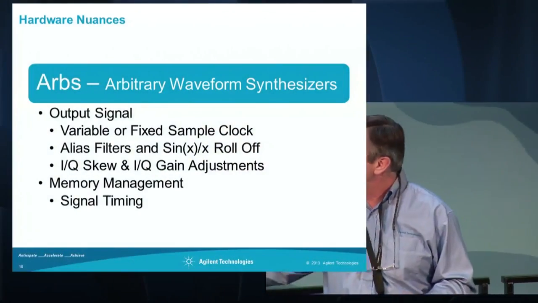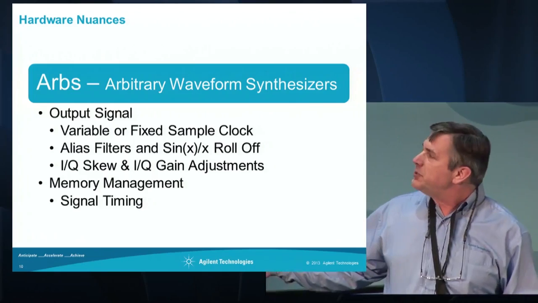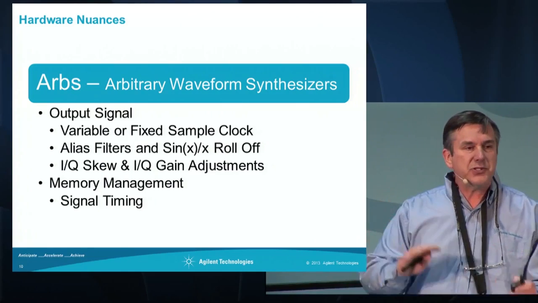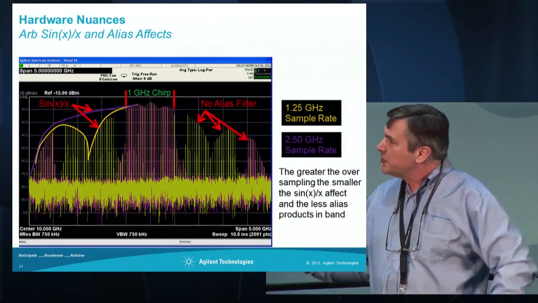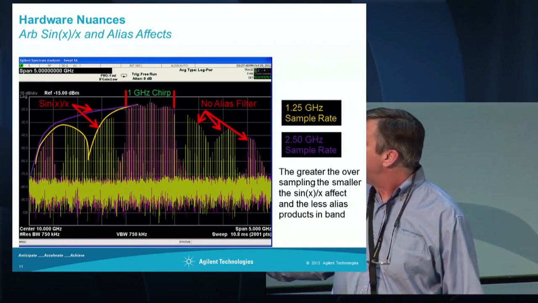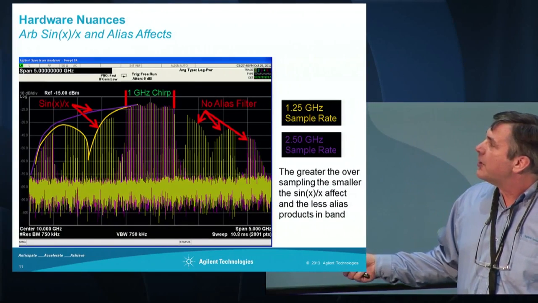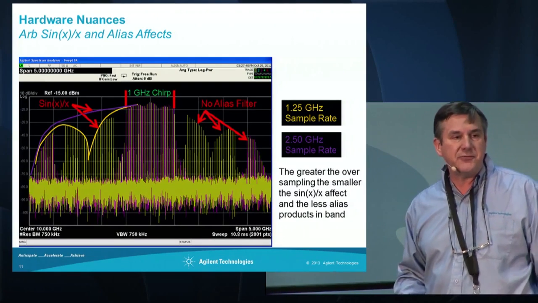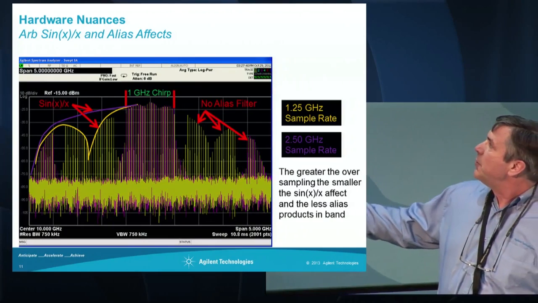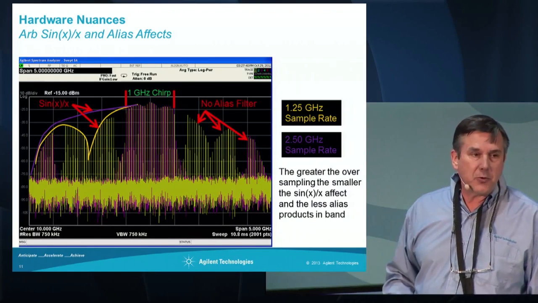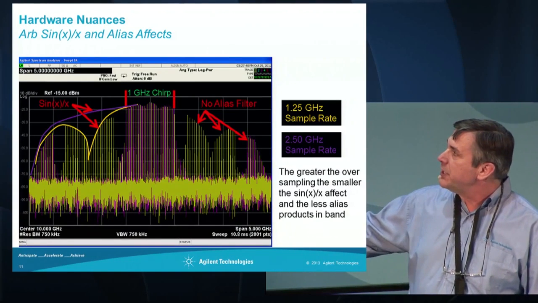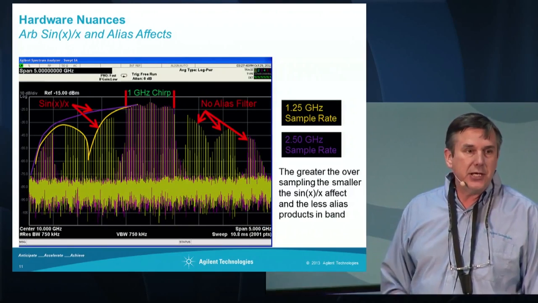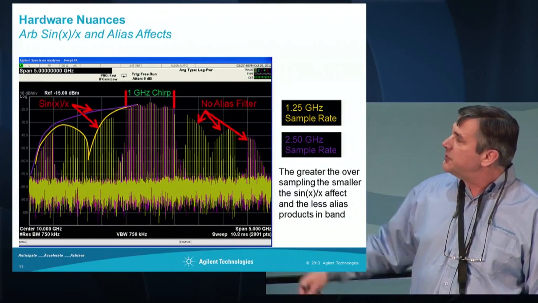So the arbitrary waveform generator itself, let's just talk quick about that. There are a few issues there that we want to talk about, nuances, if you will. Let's get right into it. If we're sampling, and in this case we've turned off our anti-aliasing filter, you can see if our sample rate is lower, in this case 1.25 gigasamples, all of this aliasing distortion here in a sin x over x type of shape.